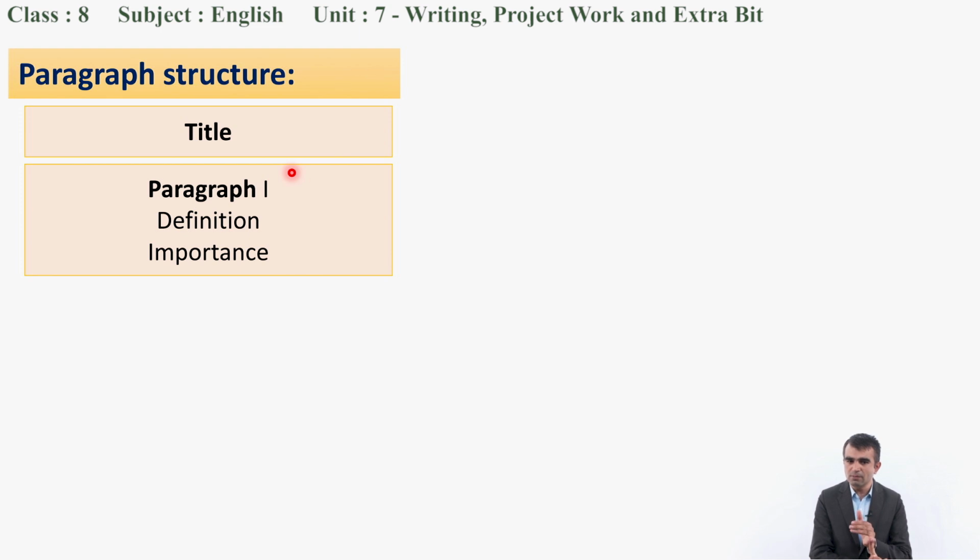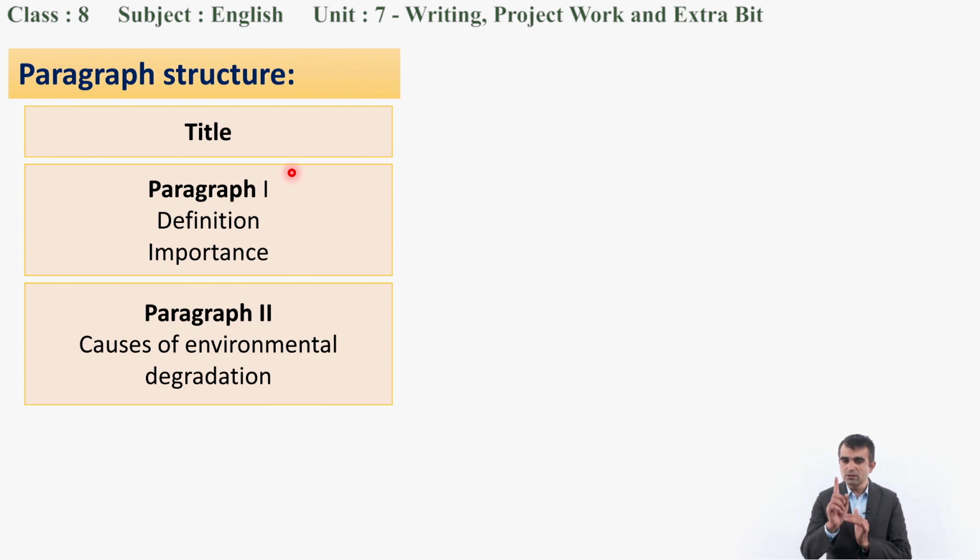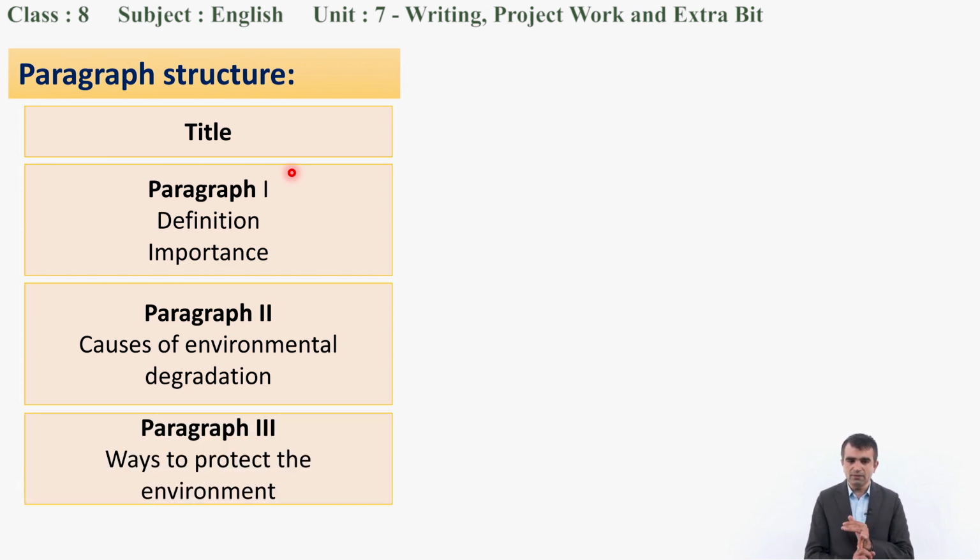Definition of environment and importance of environment you can include in paragraph 1, and you can change paragraph and write about causes of environmental degradation in the second paragraph, and in the third paragraph, ways to protect the environment, you can write about it. Well, it structures your writing into 3 paragraphs, is it so?